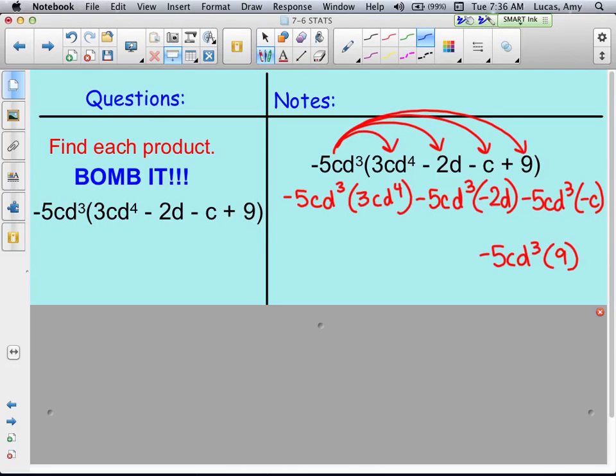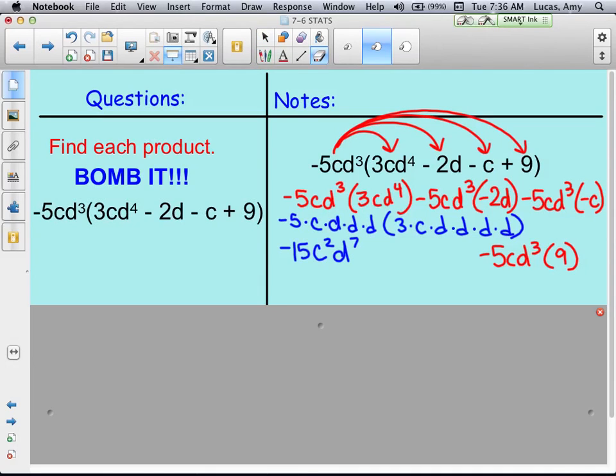If you need to expand these, please expand these. So expanding it would look like this. I'm just going to show you on the first one. That's just expanding my first product. So that would give me negative 15 c to the 2nd d to the 7th. So if you can do this without expanding, it's fine.